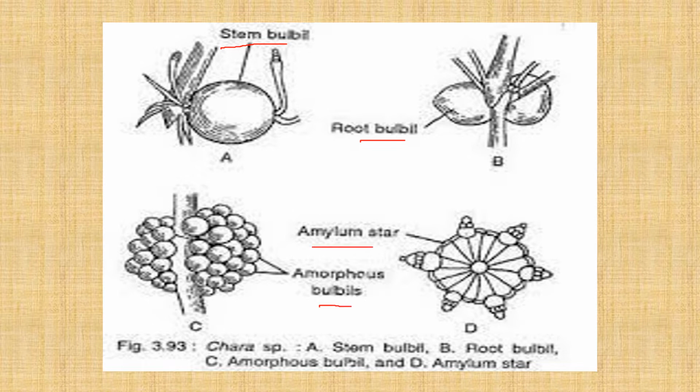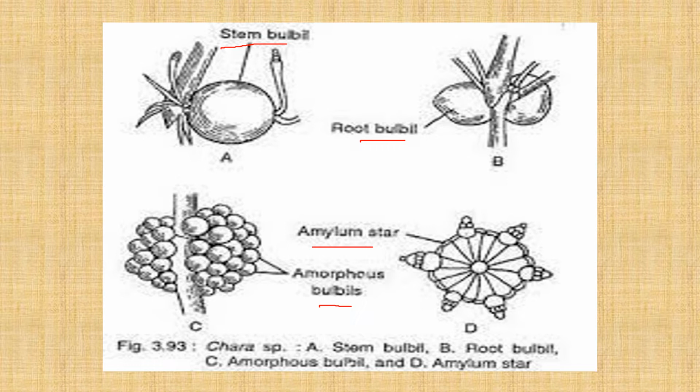Now, as we know, Chara grows over a wide range of climatic conditions, that is, it is cosmopolitan in distribution, found from 69° north to 49° south. So apart from the circumpolar region, Chara is present throughout the world.